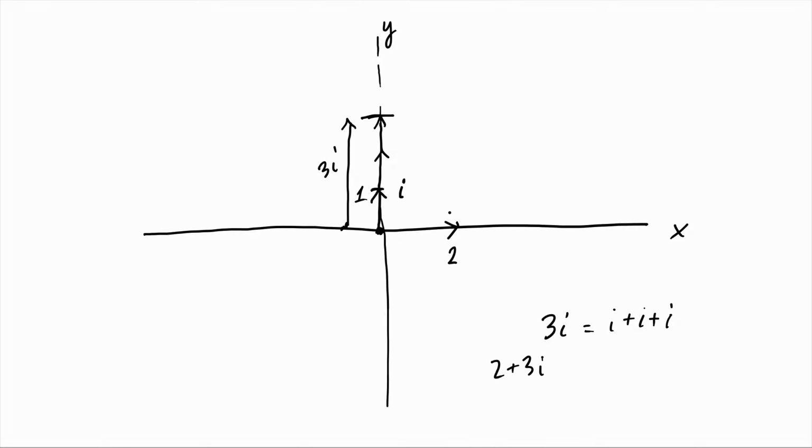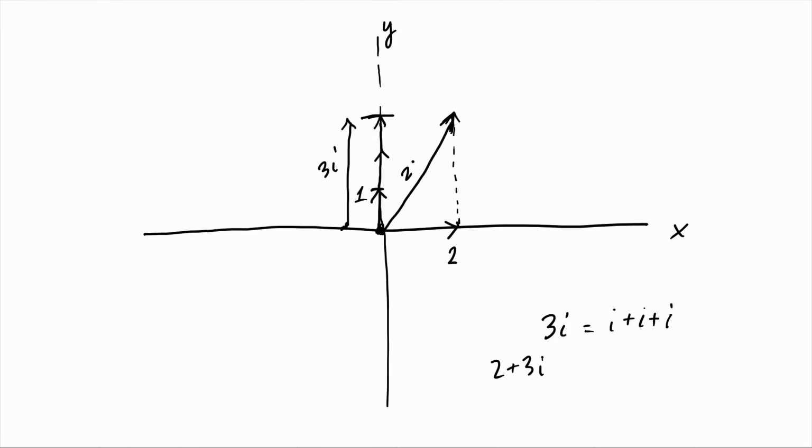You'd think, okay, so 2, and then you put a copy of 3i right here, and then the result is from tail to tip. I'll erase that i so we can see this a little better. Let's draw that again. That arrow is going to be 2 plus 3i.